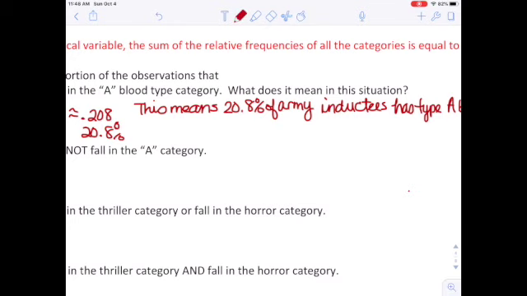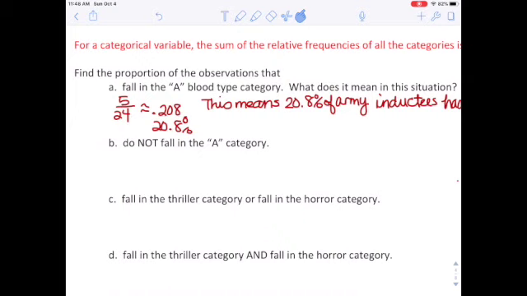Next question, B. How about the inductee does not fall into the type A category? So the way we talked about before is if you have it or you have not. And so if you have a not, you take the whole thing minus the ones that you already have. So in this case, the whole thing is considered to be 1. 1 minus 5 over 24. And if you do your math, that means taking 1, write it as 24 over 24.